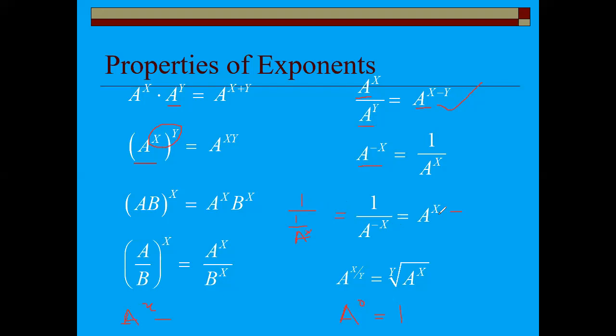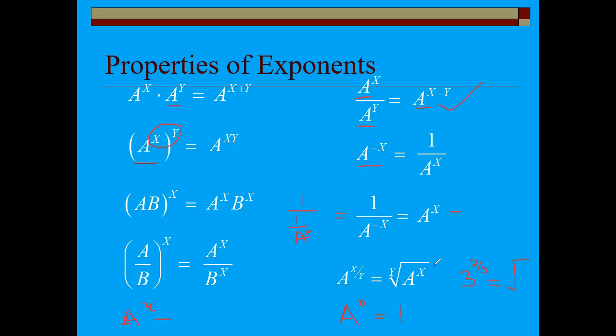And finally, this is the fractional index. If you have a raised to the power x over y, it is the y root of a raised to the power x. So for example, if I have 3 raised to the power 2 over 3, it is the same as the cube root.